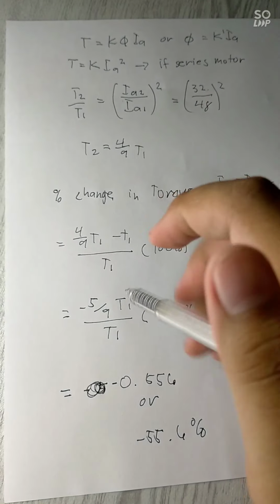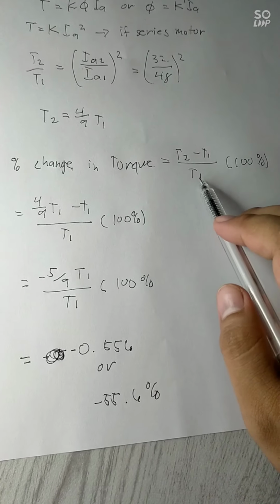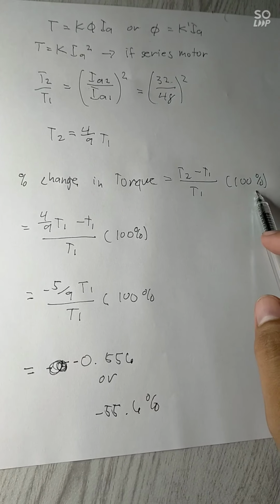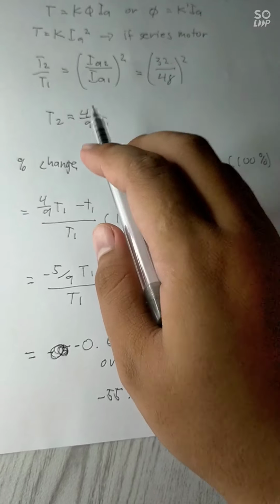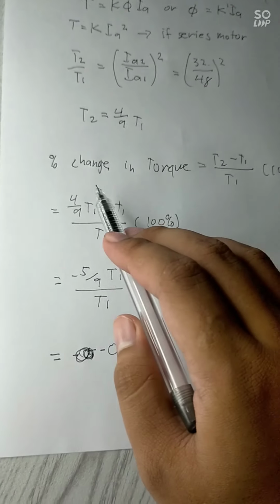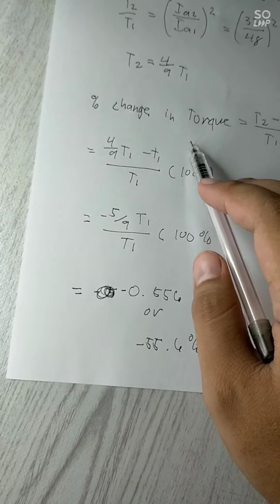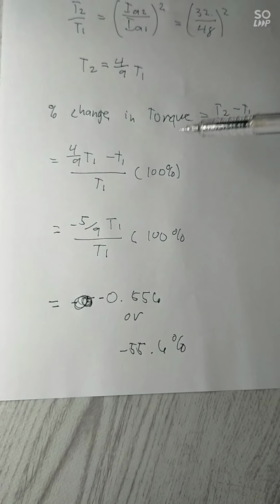So kung percent change in torque, natay formula nga T2 minus T1 over T1 times 100%. So natay T2 daan. So ato ni i-substitute diri. So 4 over 9 T1 minus T1 over T1 times 100%.